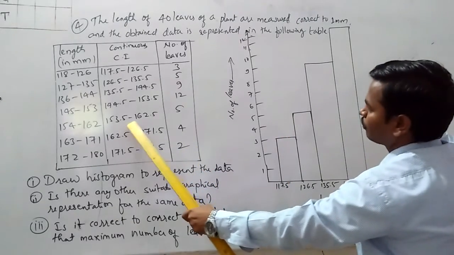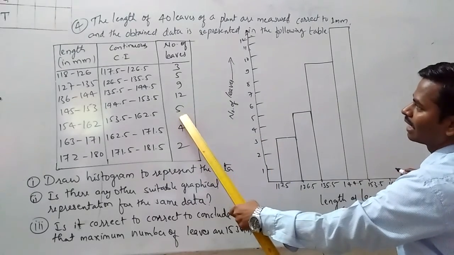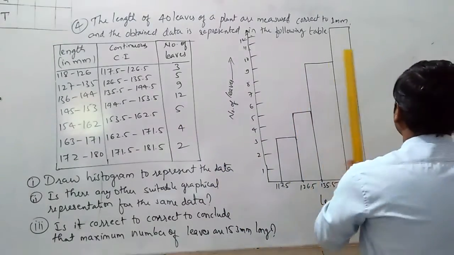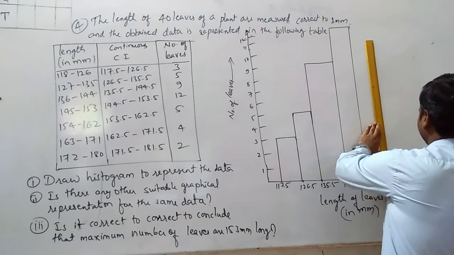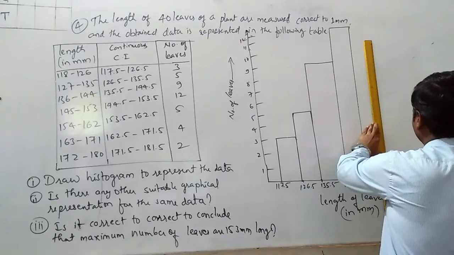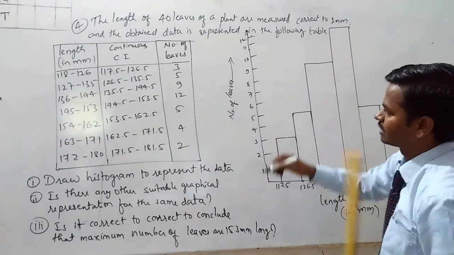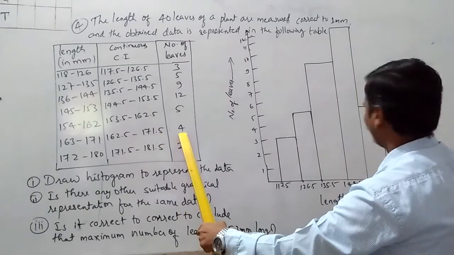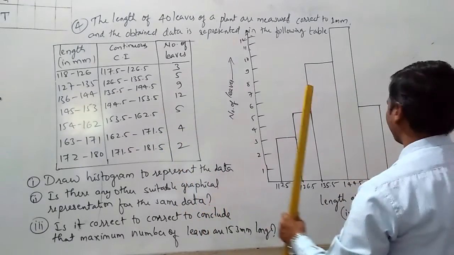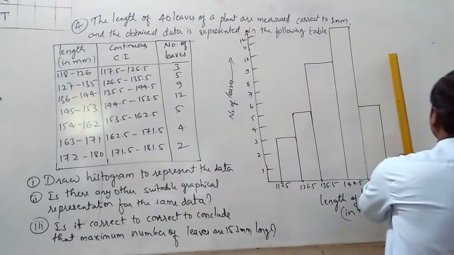Next, 153.5 to 162.5. The number of leaves is 5. Join this one. Next, 162.5 to 171.5. The number of leaves is 4.